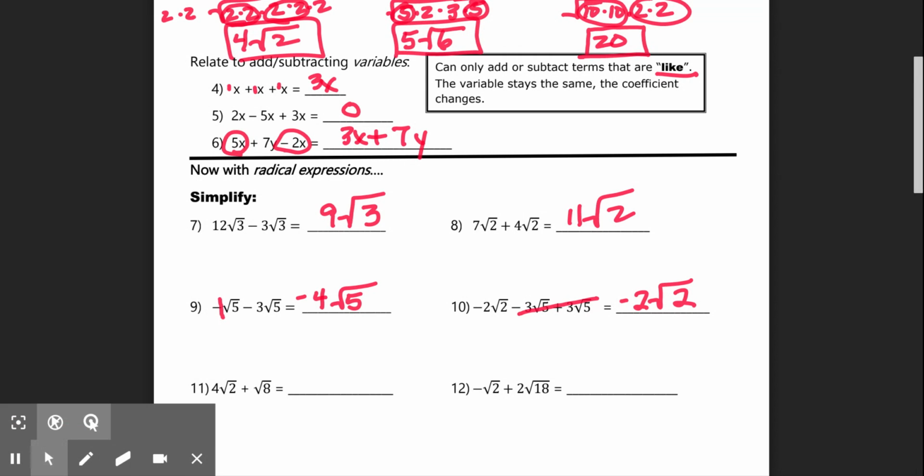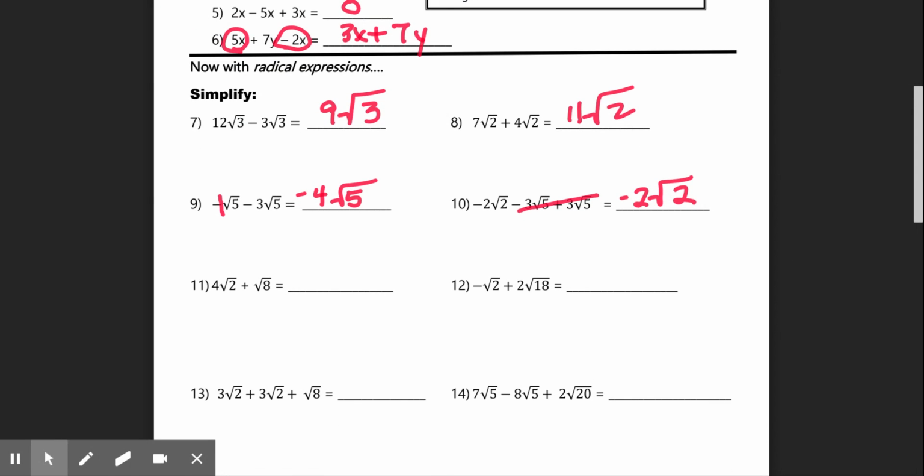Number 11. Let's see. What I'm going to have to do here is this 4 square roots of 2 is just going to stay that because 2 is prime. So the only factors are 1 and 2. Plus the square root of 8 breaks down into 3 2's because 2 times 2 is 4 times 2 is 8.